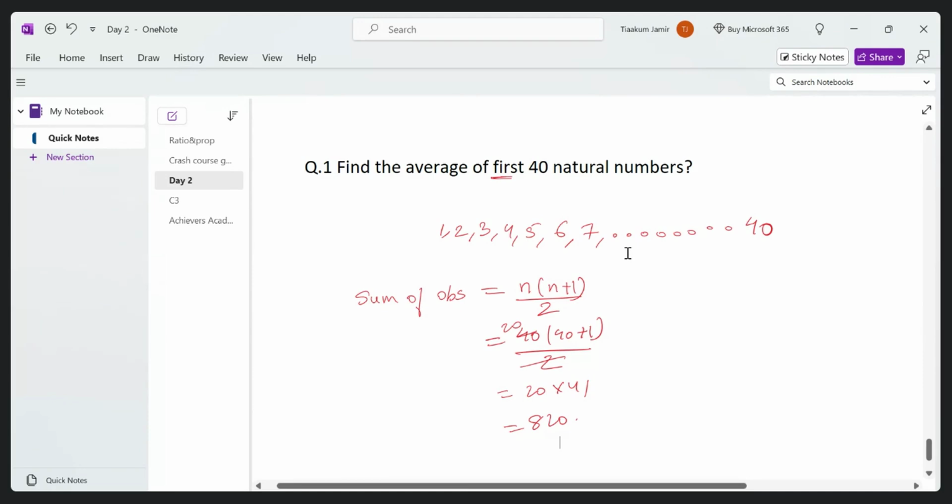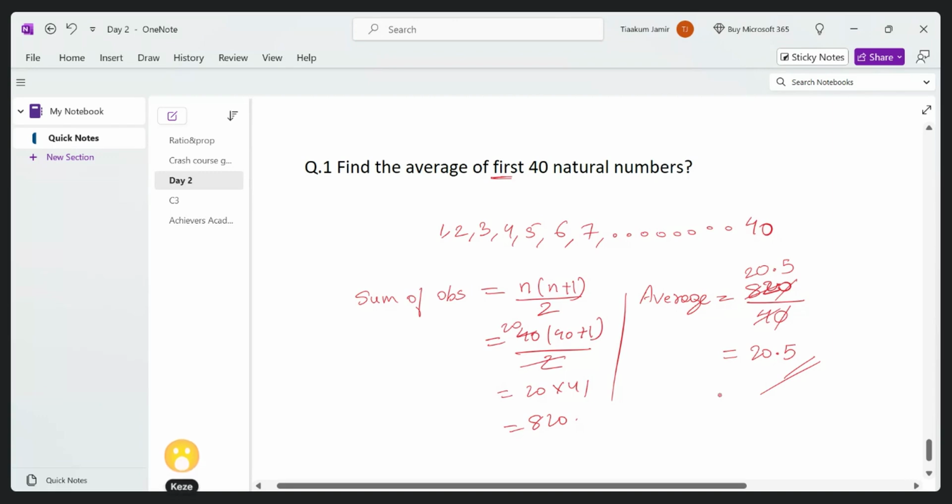We are just finding the sum of observations. Now the average: the sum of observations, we know, is 820, divided by the number of observations, which is 40. 40 cancels, and 41 by 2 gives 20.5. The answer will be this one.